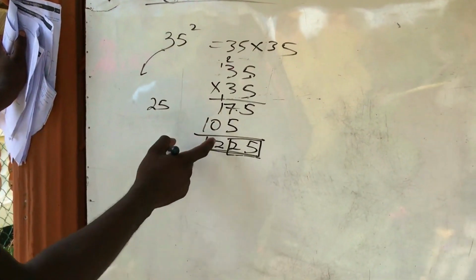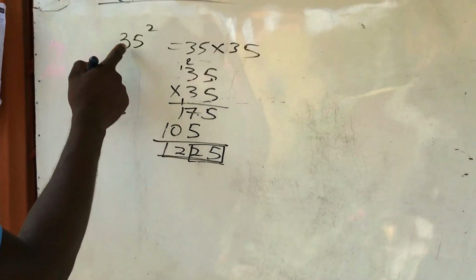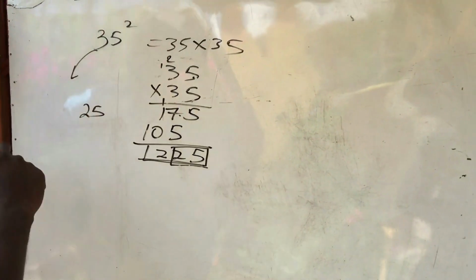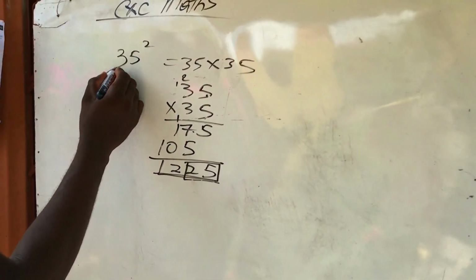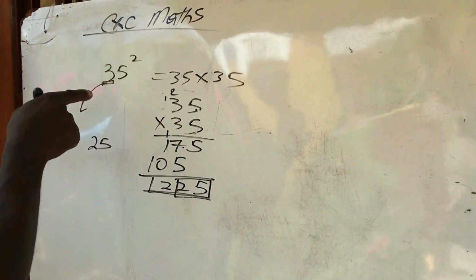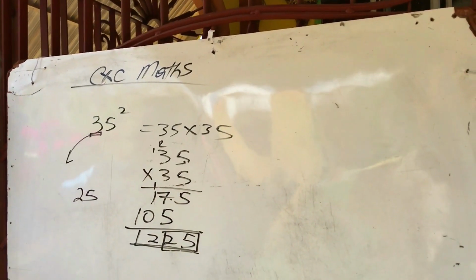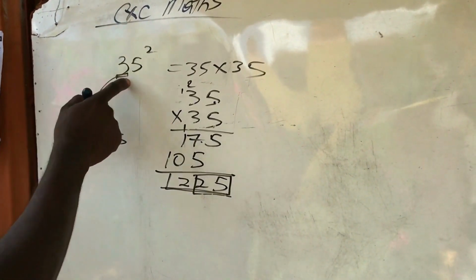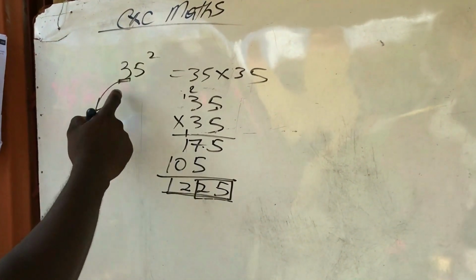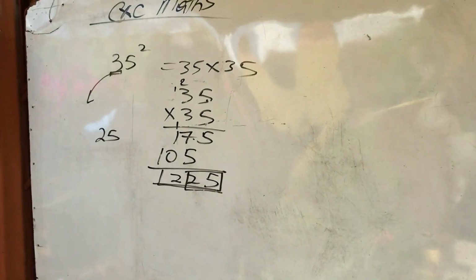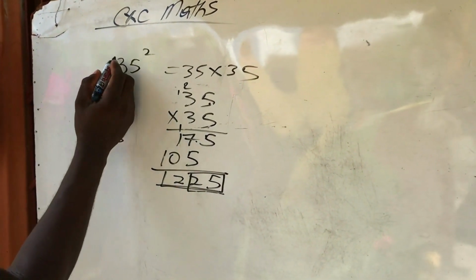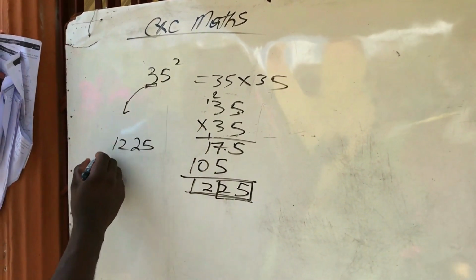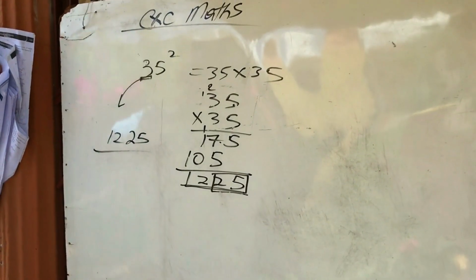So the short way of arriving at 1225 for any numeral that ends with 5 that is squared, you basically look at the digit or even the digits that come before the 5, and all you simply do is multiply that digit, or numeral, times the numeral in front of it, which is 1 ahead. So we know that 4 is 1 ahead of 3, so we simply say 3 4s is 12, and that is our answer, as in 1225.